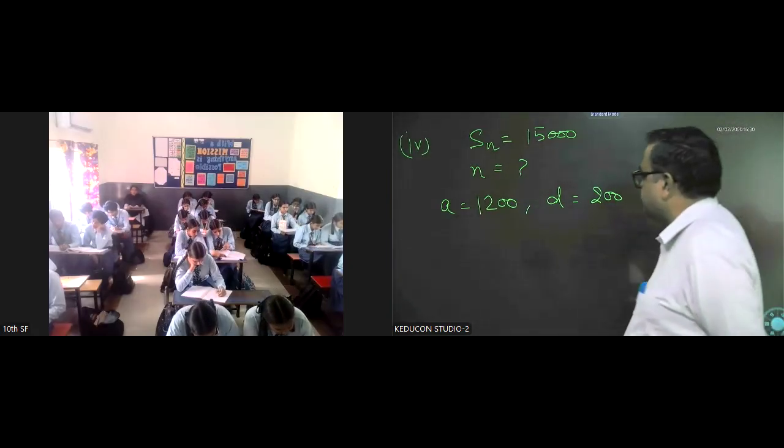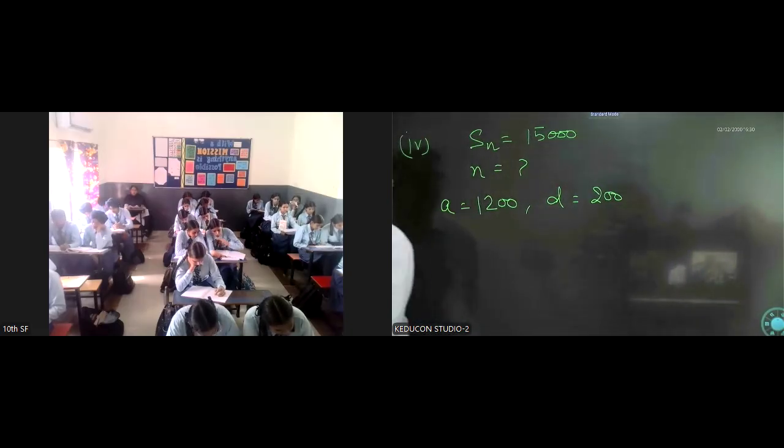SN is given, A is given to you, D is given to you. You have to find N.